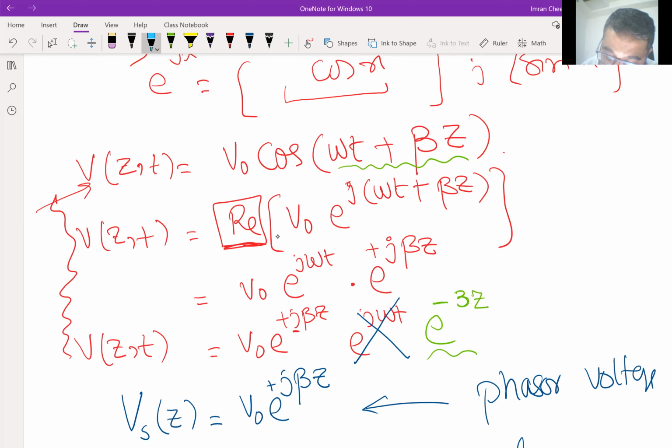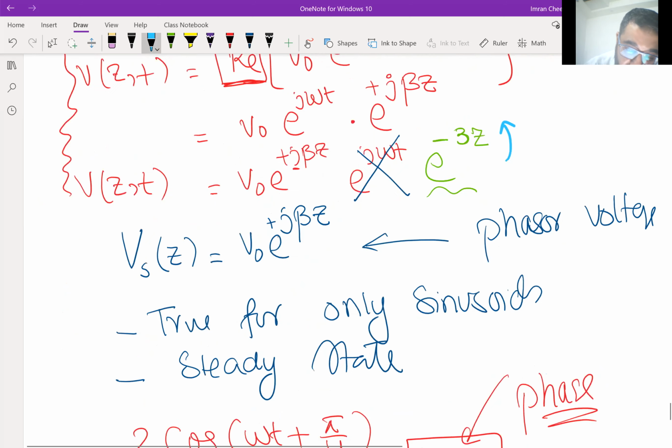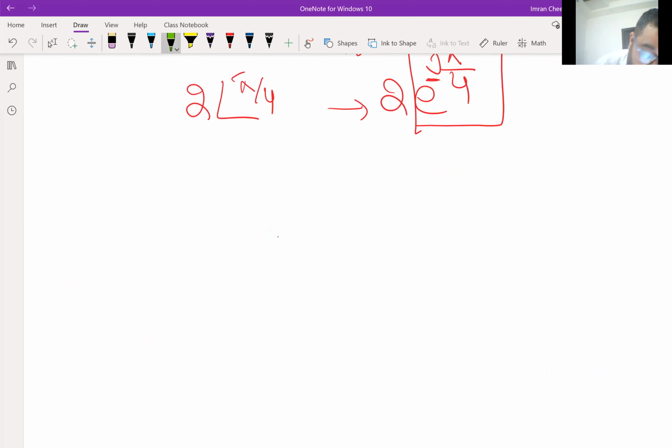So what would happen when I have to convert it back? Let me do this here, because this is a fundamental thing and students get confused.